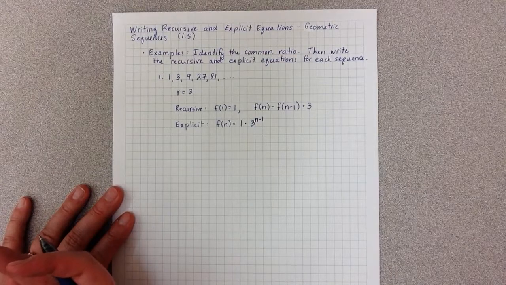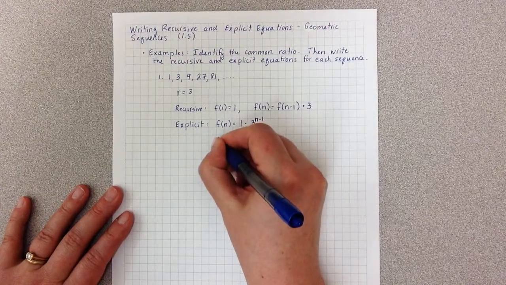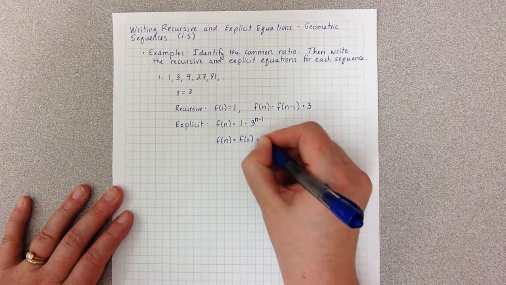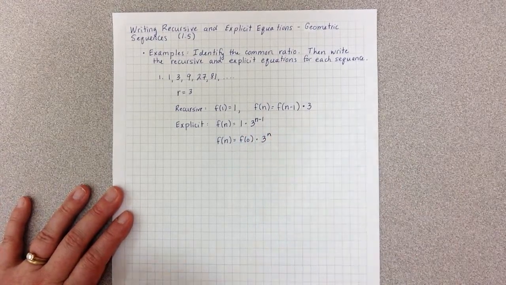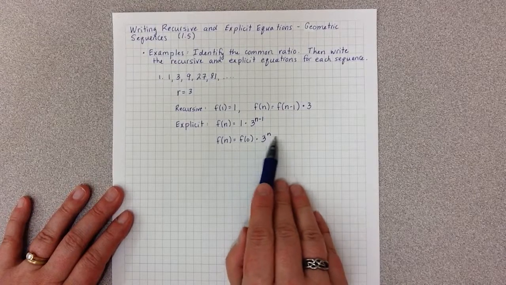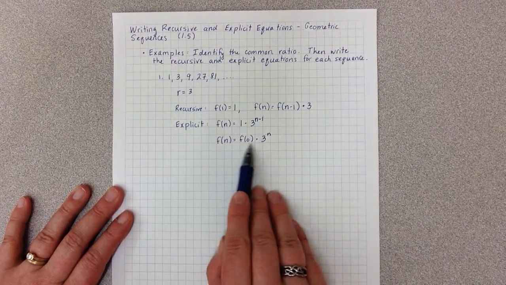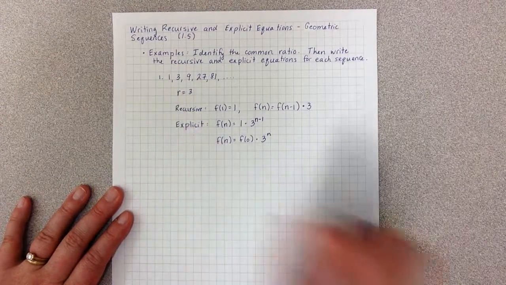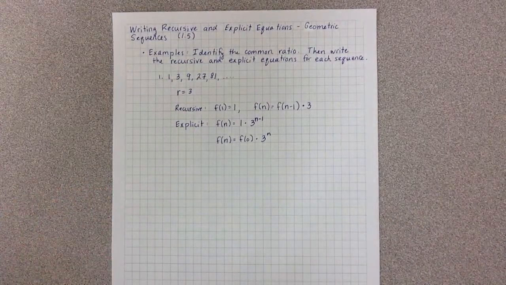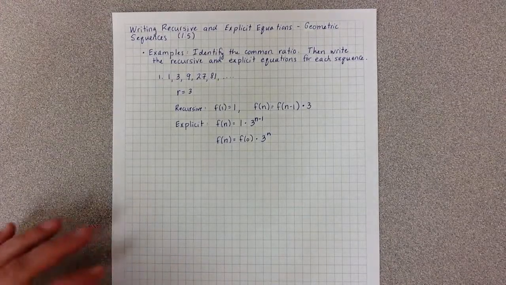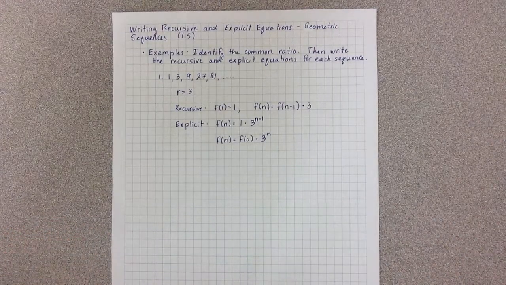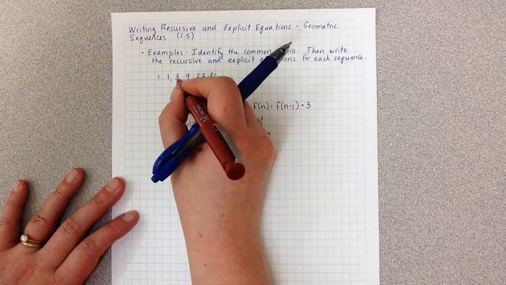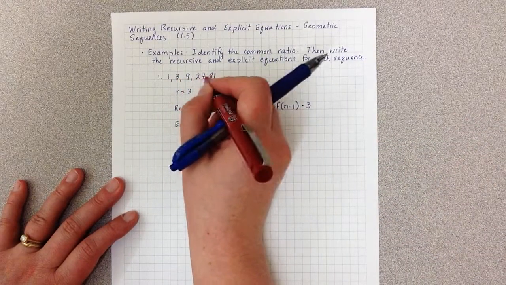Another way to do this is to say, well, I actually want to have my equation be f of 0 times 3 to the n. This allows me not to have to fix my exponent, but it does mean I have to fix the term I'm starting with. So going forward, I multiplied by 3 each time. 1 times 3 is 3. 3 times 3 is 9. 9 times 3 is 27.